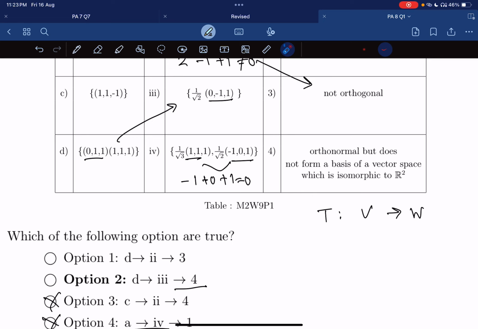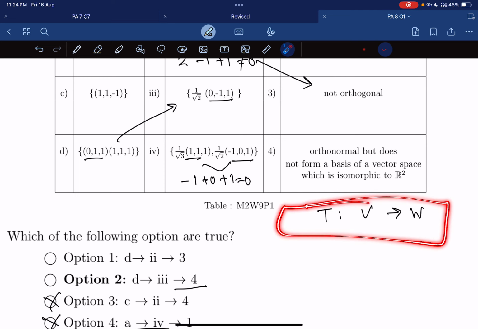Only in that case does the isomorphism exist, that is when our transformation would be 1 to 1 and onto. In the remaining two cases, when dimension of V is greater than dimension of W or dimension of W is greater than dimension of V, it would not be 1 to 1 in one case, that is when dimension of V is greater than W, and it will not be onto when dimension of W is greater than dimension of V. We have already seen this in the week 5 tutorial. You can revisit that tutorial video if you have forgotten about it.